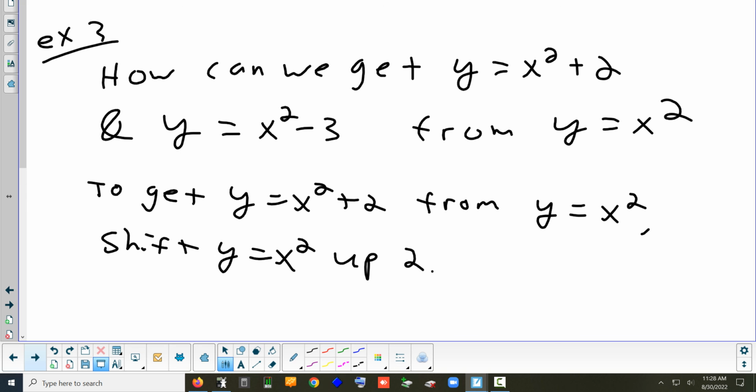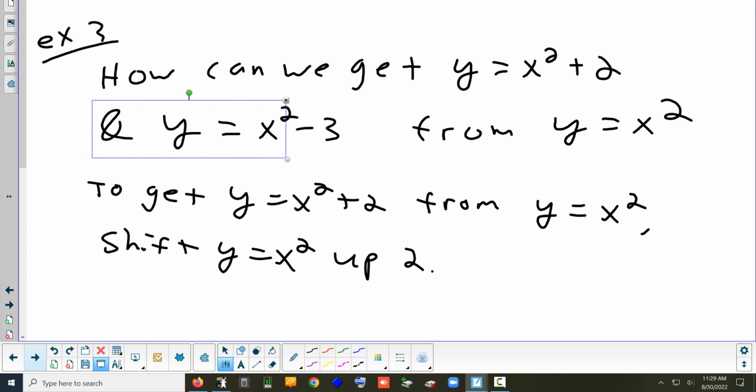How about x squared minus 3? You take y equals x squared and do what with it? Xander? So if you wanted to transform y equals x squared into y equals x squared minus 3, what would you do?